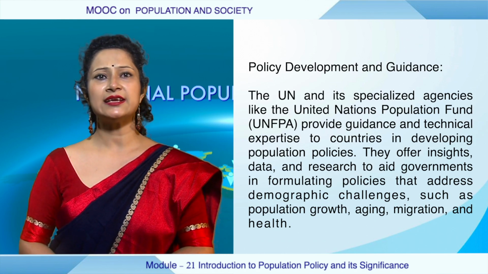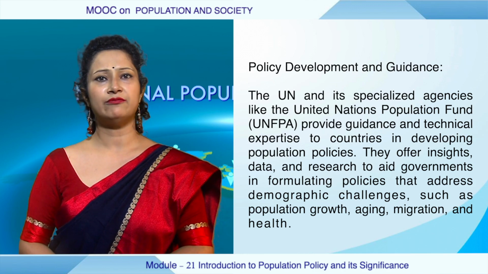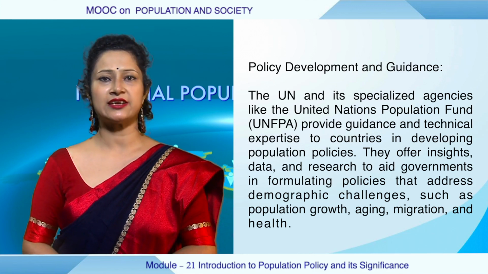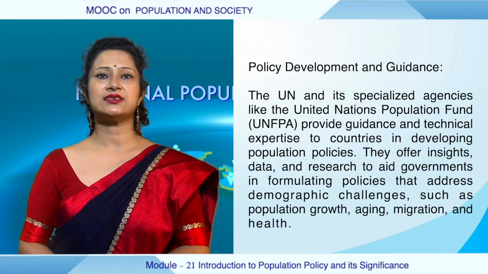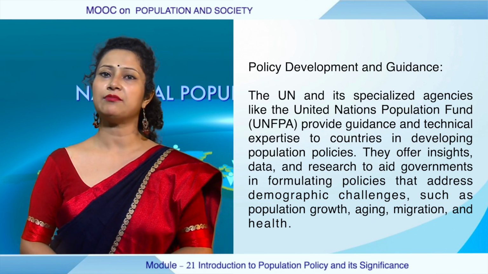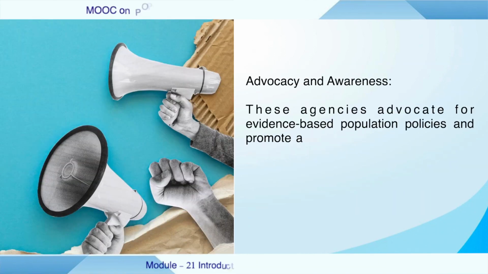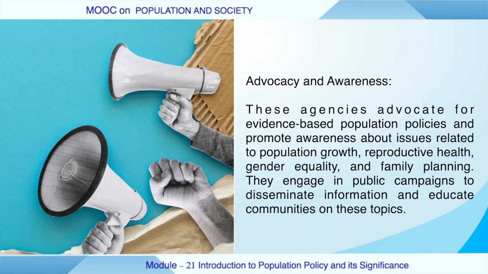They offer insights, data, and research to aid governments in formulating policies that address demographic challenges such as population growth, aging, migration, and health. Second, we have advocacy and awareness, where these agencies advocate for evidence-based population policies and promote awareness about issues relating to population growth, reproductive health, gender equality, and family planning.